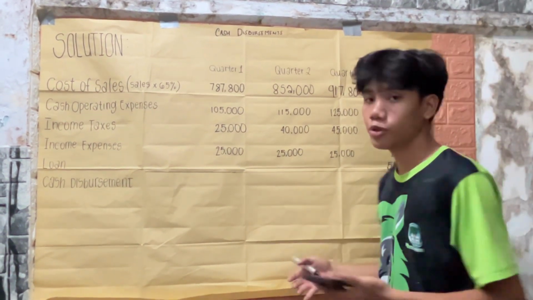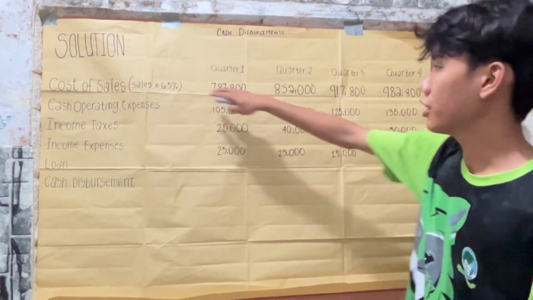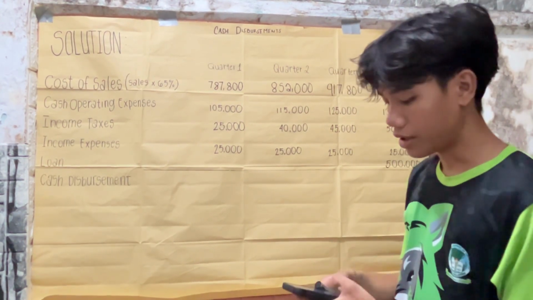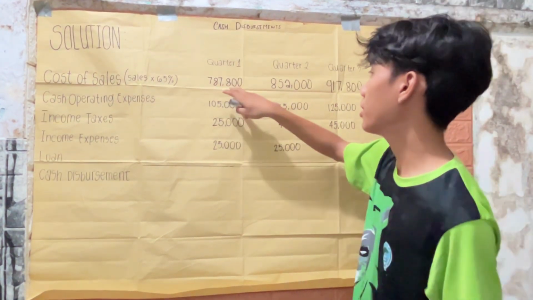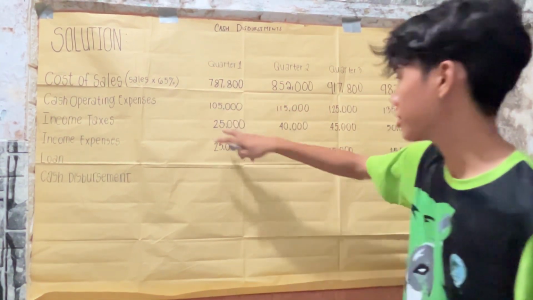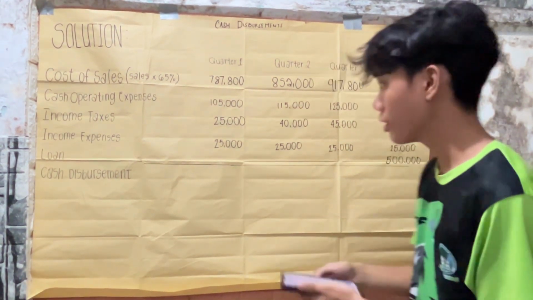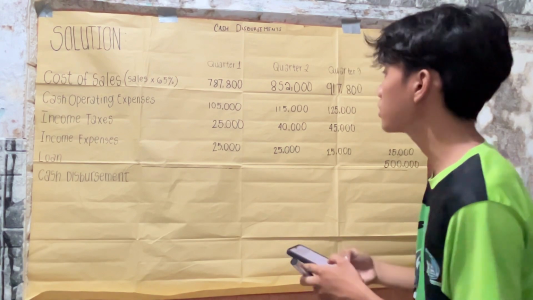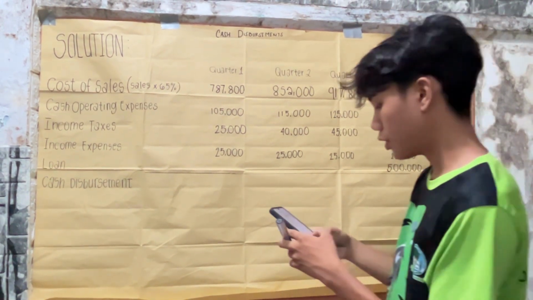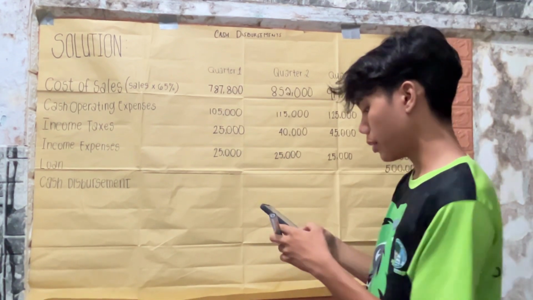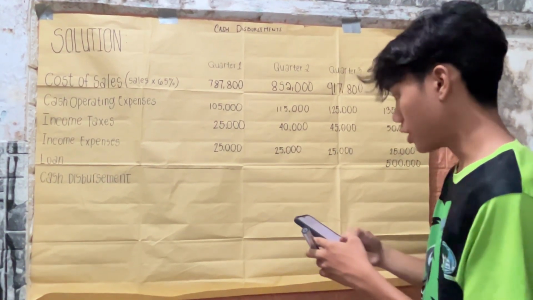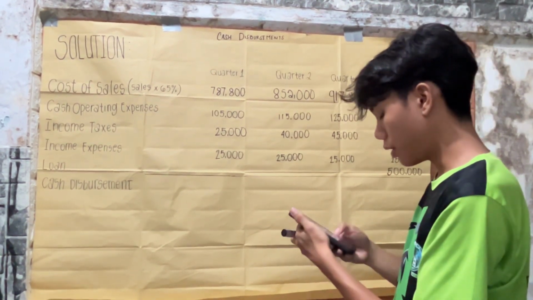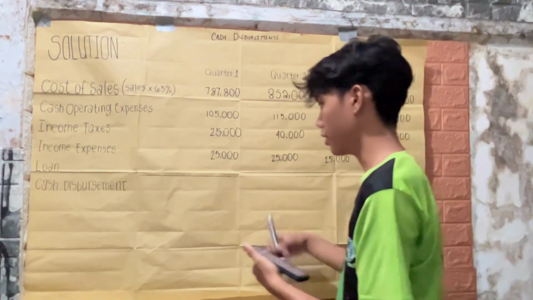Then all we have to do is get the sum of every quarter, the cost of sales and the expenses. That's all. For quarter one we have 787,800 plus 105,000 plus 25,000 plus 25,000, which totals to 942,800.